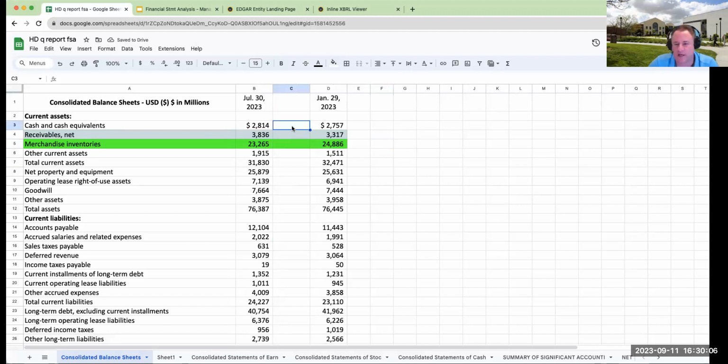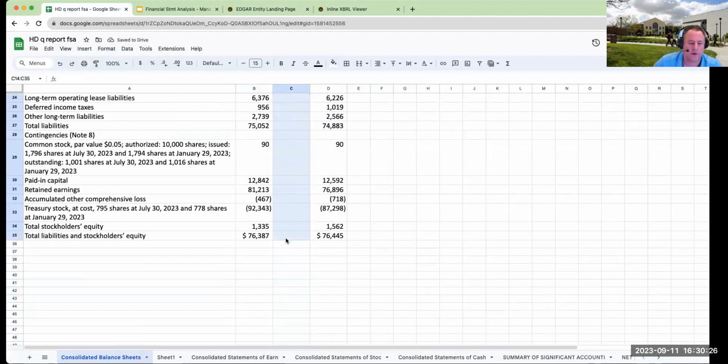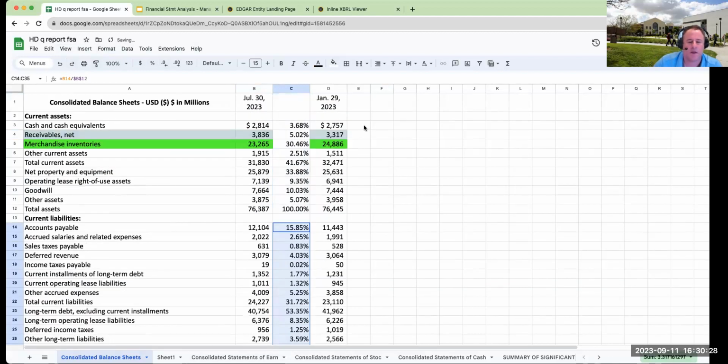What is a common size financial statement? This is when we take each of the balances and divide it by the total amount of the assets on the balance sheet. We're going to do this for everything over here, and then do the same for the prior year, or basically for the 6 months earlier.